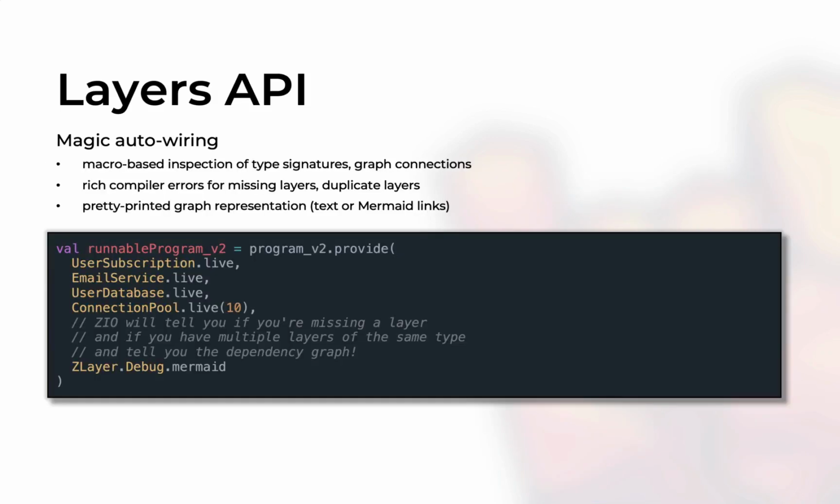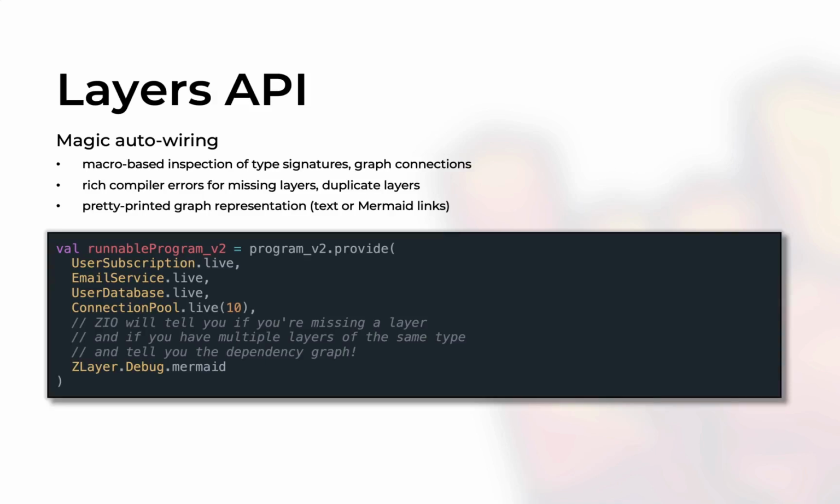Now, the Layers API also has a macro-based magic auto-wiring functionality. So all you need to do is pass some layers in the arguments to provide or to ZLayer.make, and the ZIO macro-based functionality will take care to infer the type dependencies of every layer and determine the dependency graph of your entire structure and figure out which layer depends on what. This is pretty magical.